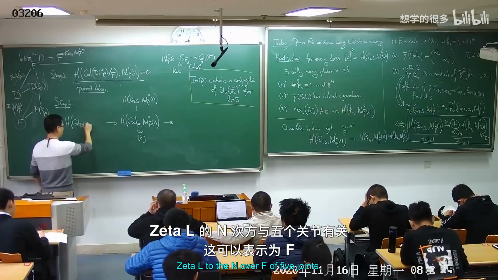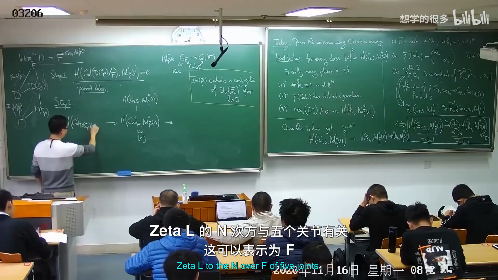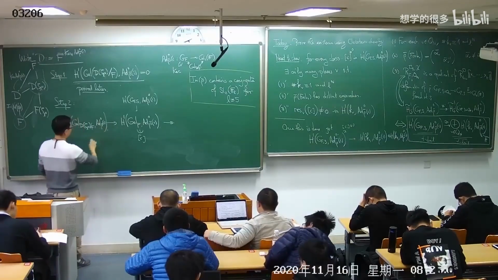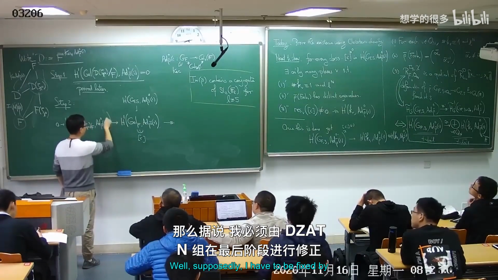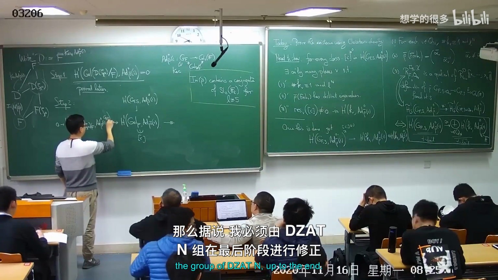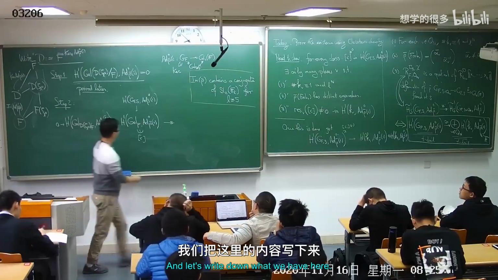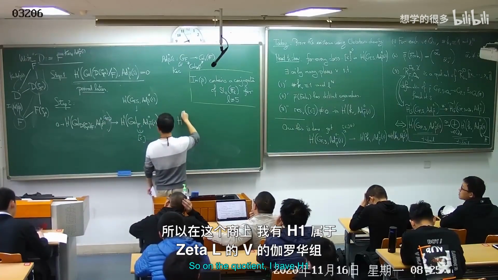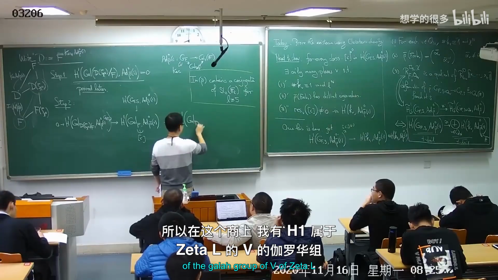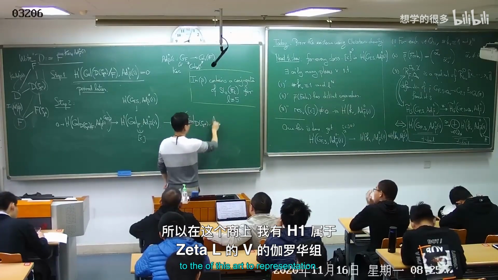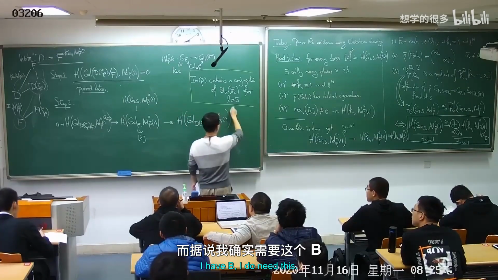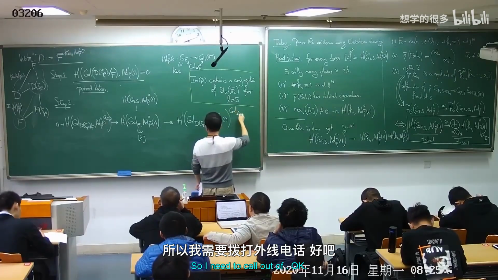So that's D zeta L to the n over F of the adjoint, well, supposedly fixed by the Galois group of D zeta L to the n. Okay. And let's write down what we have here. So on the quotient, I have H1 of the Galois group of D of zeta L to the n of this adjoint representation. And supposedly together I do need this, so I need the Galois group of D.